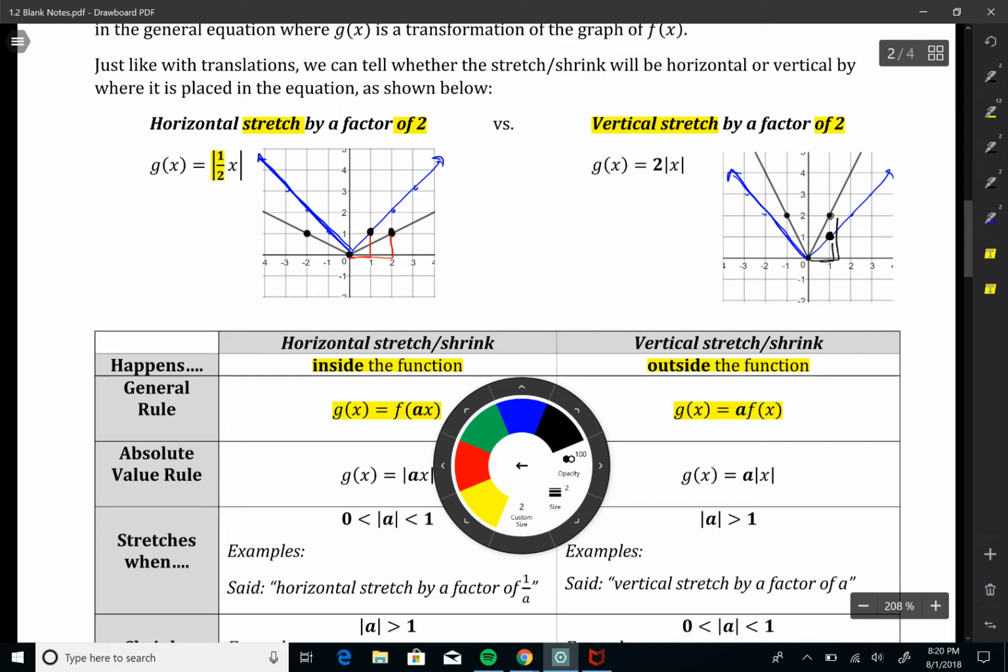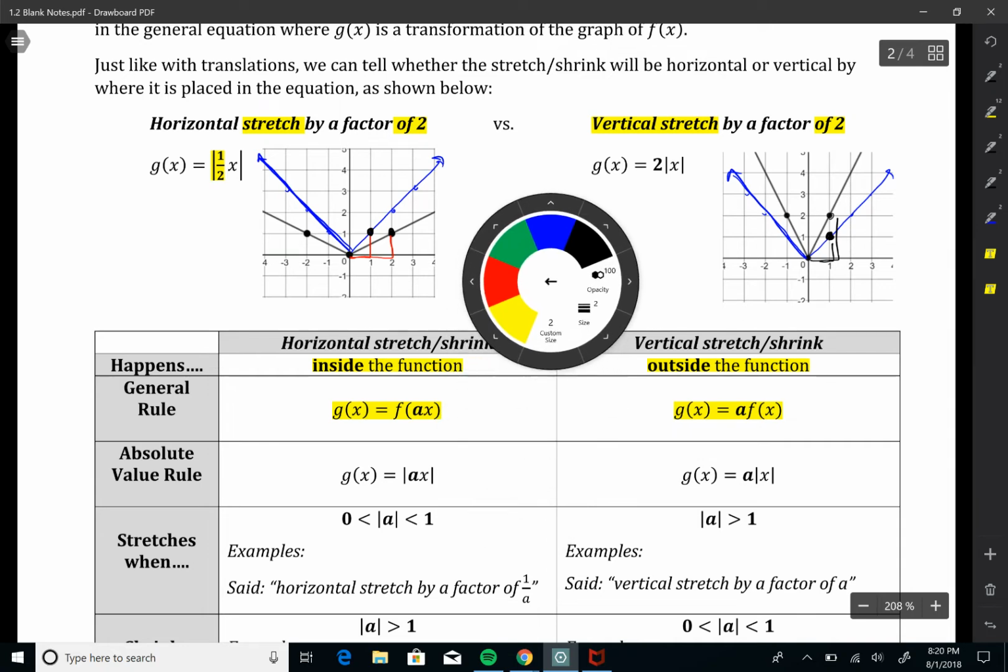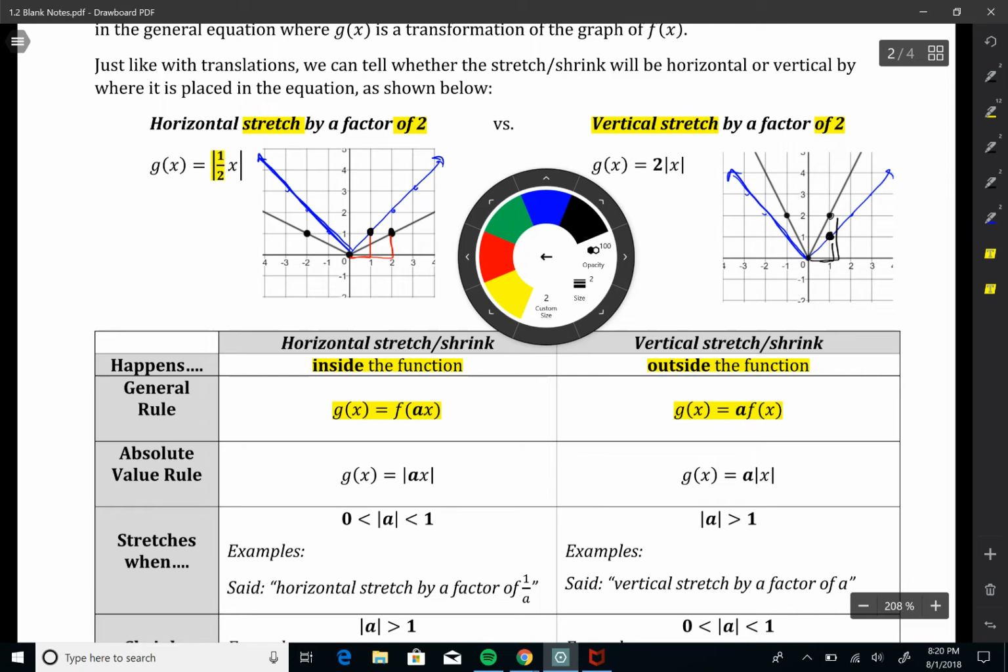Just like when we did horizontal translations, in the original equation, it's x minus h. So you have to think opposite. Well, when we have our horizontal a value, we have to think reciprocal to think correctly about what is happening on the graph. So the reciprocal of 1/2 is indeed 2. Hence why it's a horizontal stretch by 2.